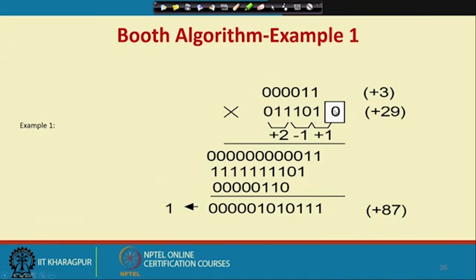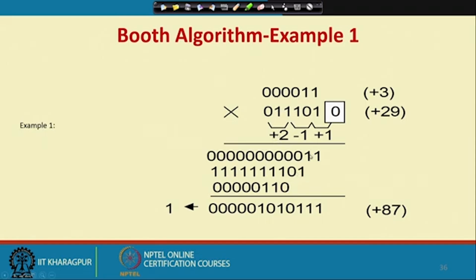I need to add 0. So, for 0 1 0, the case will be plus 1, for 0 1 0 that is plus 1. For 1 1 0 the case is minus 1. Then again for 0 1 1, the corresponding decoding table says that the multiplicand will be plus 2.